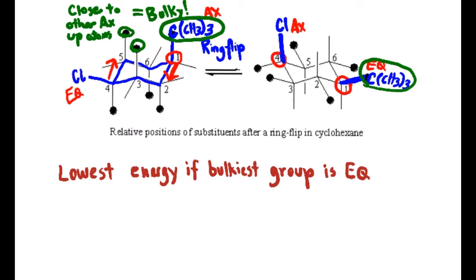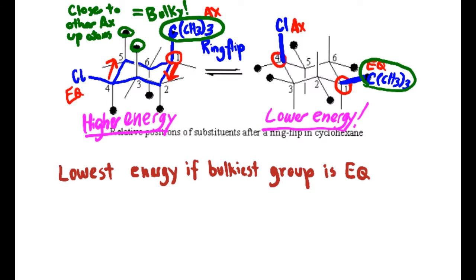Meaning that it's less stable. Whenever we say something is high energy, what we're referring to is it being less stable. And the one on the right is going to be lower energy. And the reason it's lower energy is because that bulkiest group there, our CCH3, is equatorial rather than axial.